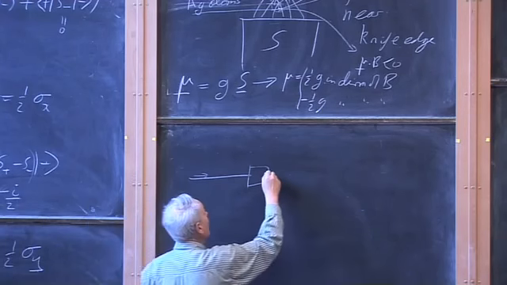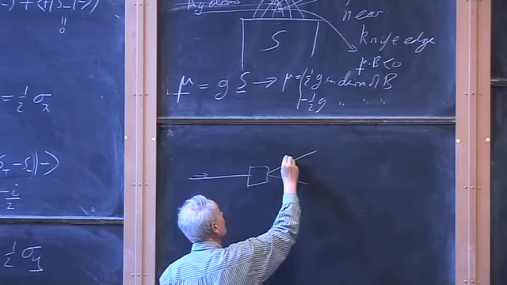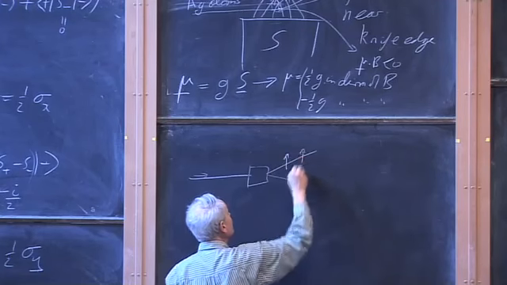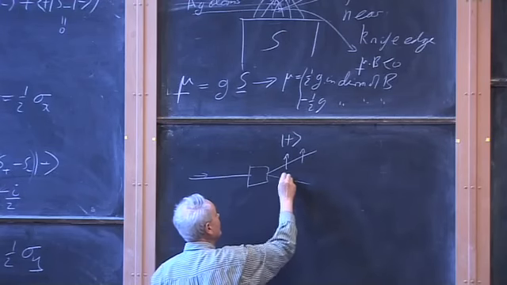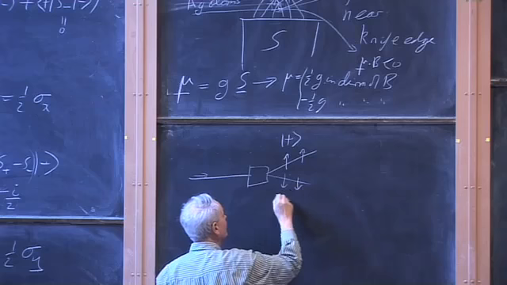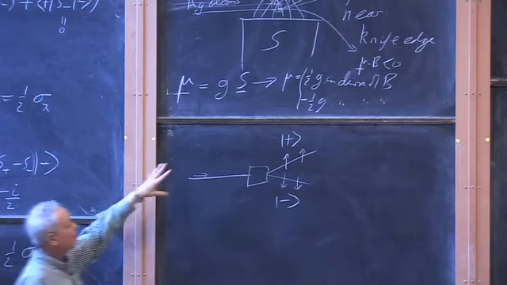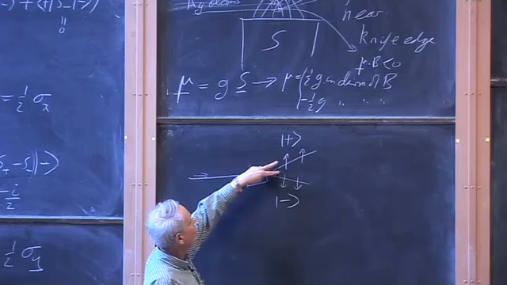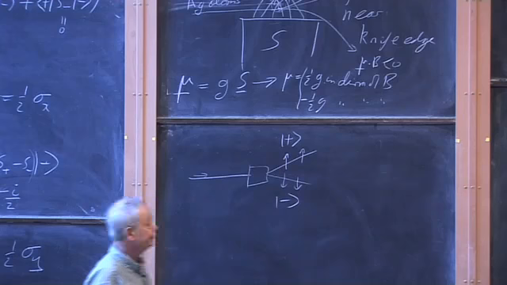And out of your filter, you have atoms which have their spins, in this case, up on Z, and the ones that come out here are in this state. So it's a practical device for creating silver atoms which are in this state.